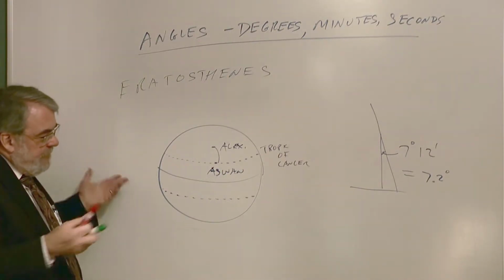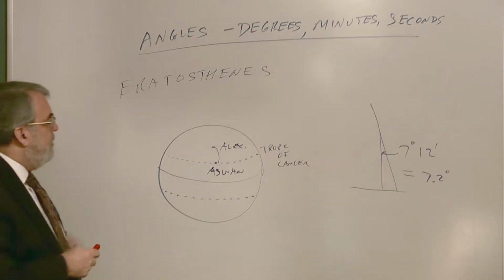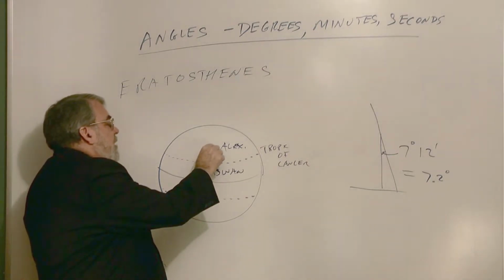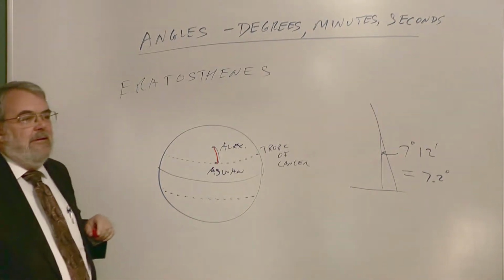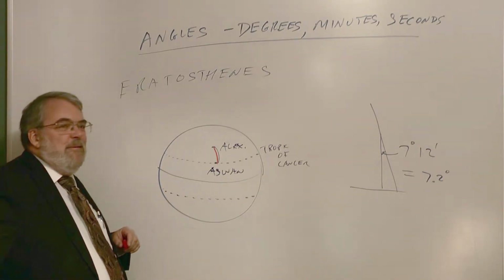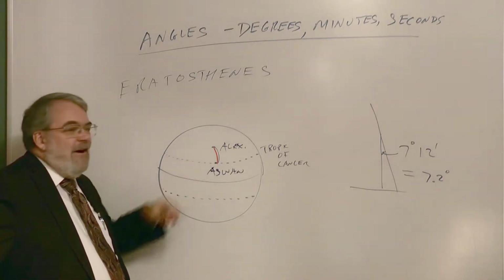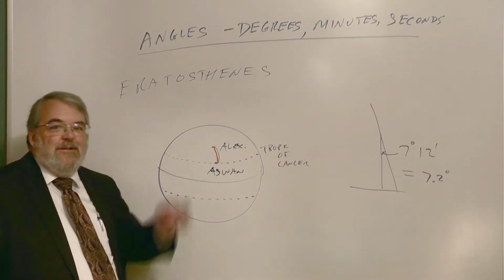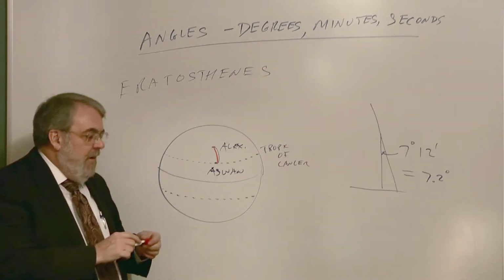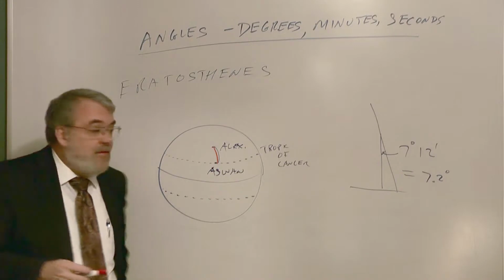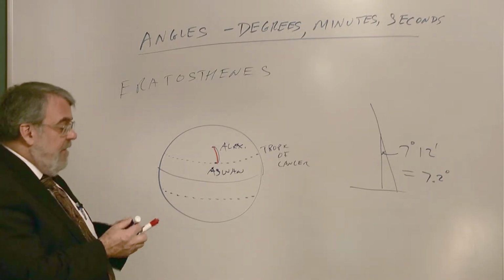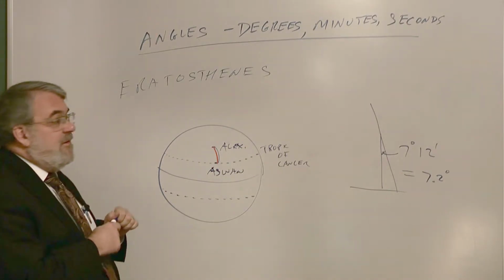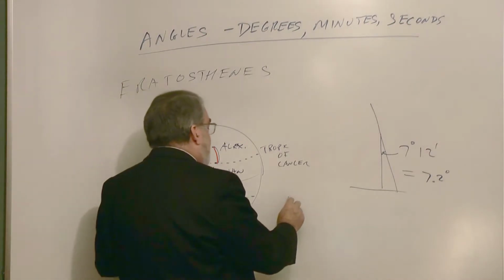So they were mildly accurate, I guess. Anyway, he hired at least one guy, maybe a couple, to pace the distance between Alexandria and Aswan. Now, Alexandria just happened to be due north of Aswan. And they came up with 500 miles. So 500 miles was the distance between Alexandria and Aswan.